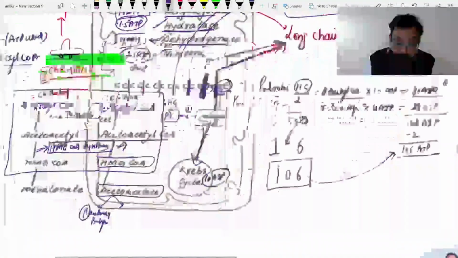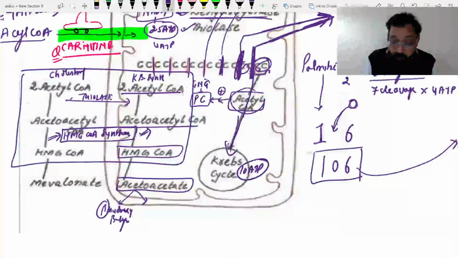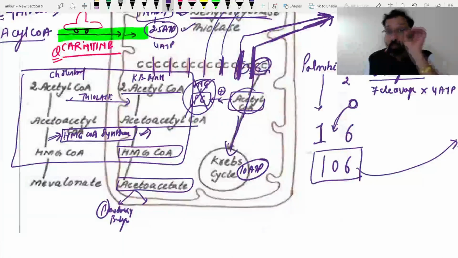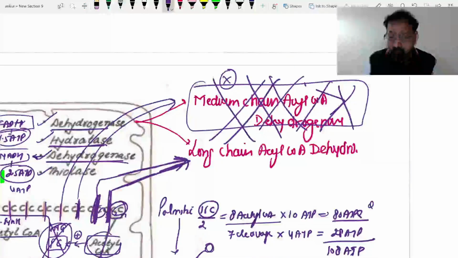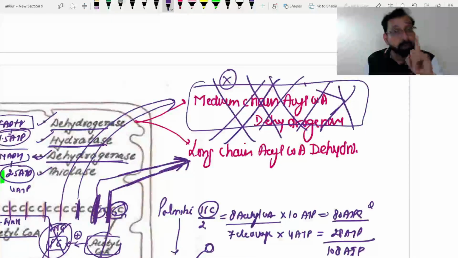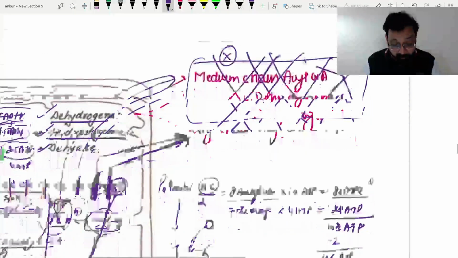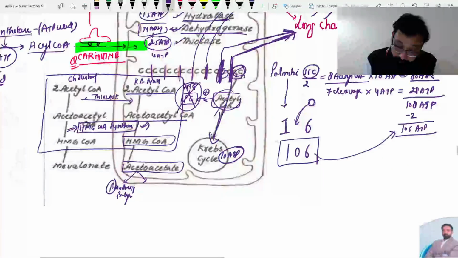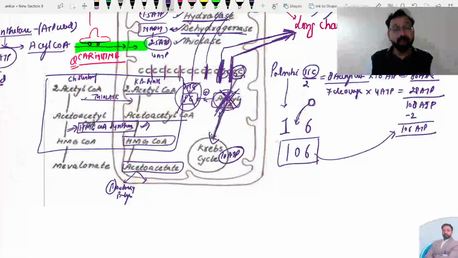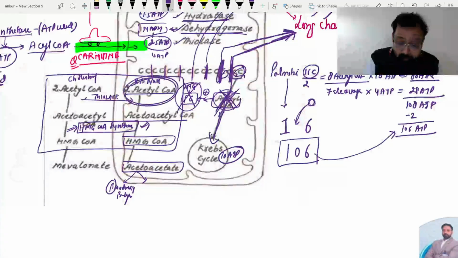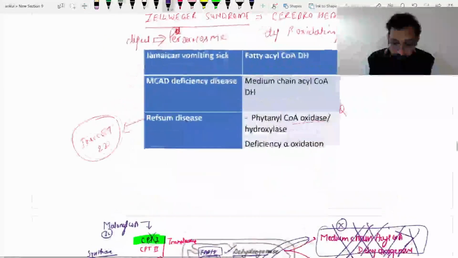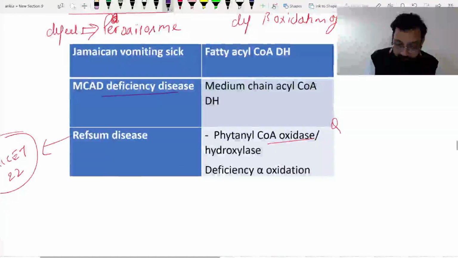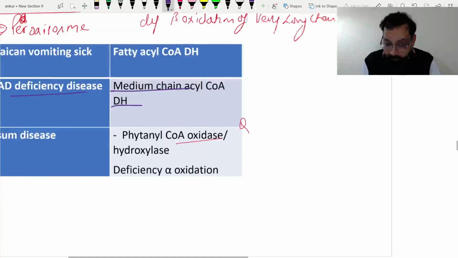It will not divert this acetyl coenzyme A to activate gluconeogenesis. So there would be no gluconeogenesis in medium chain acyl coenzyme A dehydrogenase deficiency; there is hypoglycemia. When acetyl coenzyme A is not present in sufficient amount, ketone body synthesis would not be there. In this patient, ketone bodies would be low. Clear?